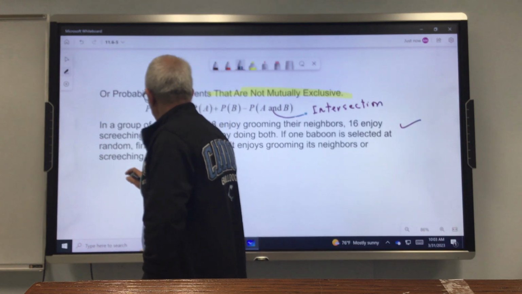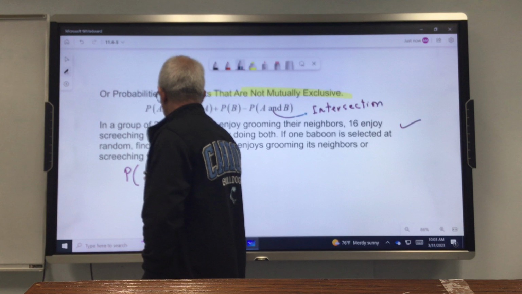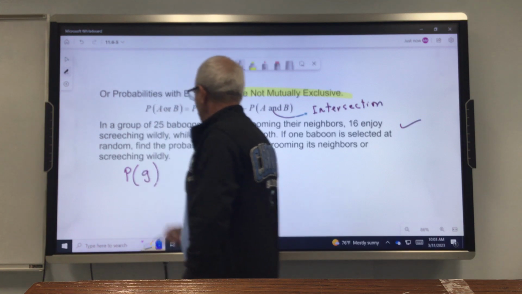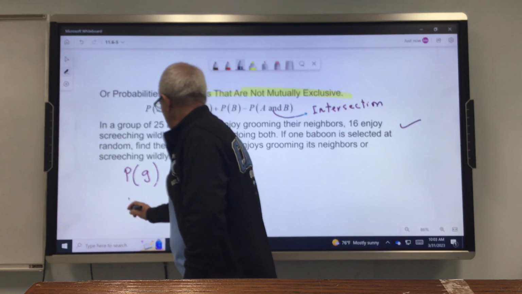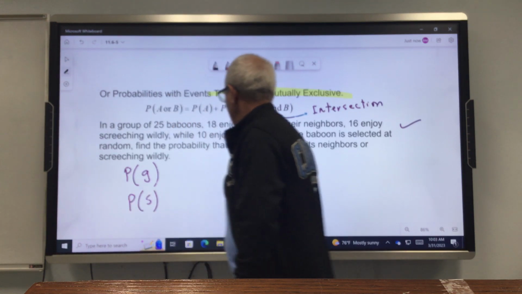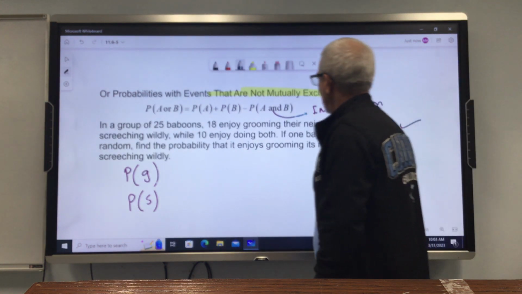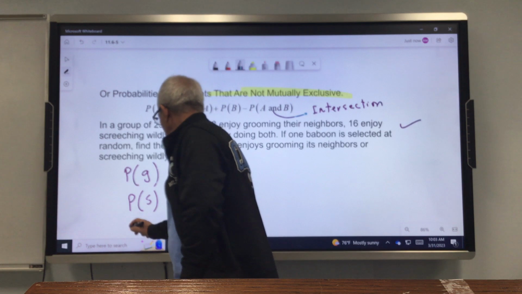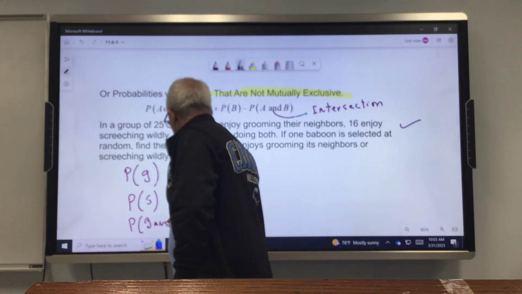I need to find P of those that love grooming, I'm going to call grooming G, P(G), and the other one I will call S, P(S). And both of them, we call P(G and S).